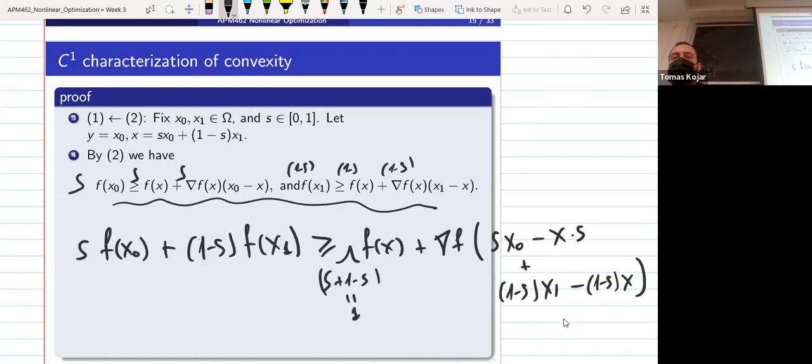Can someone tell me what this whole thing equals? It's very easy. It's a number. What is that equal to?